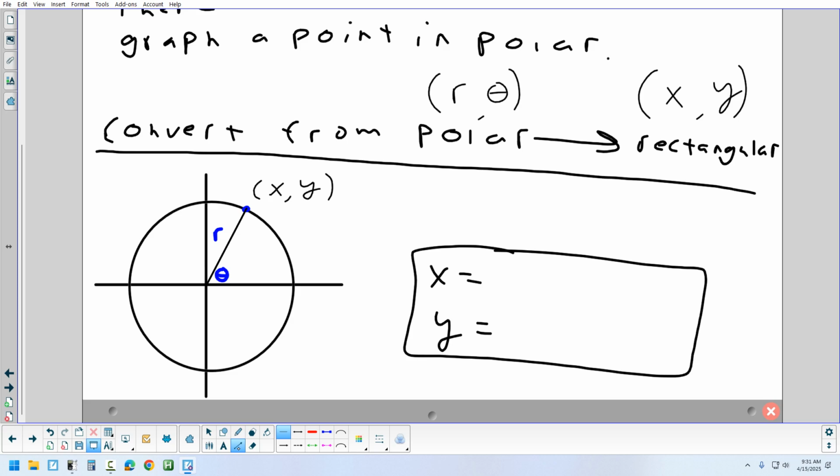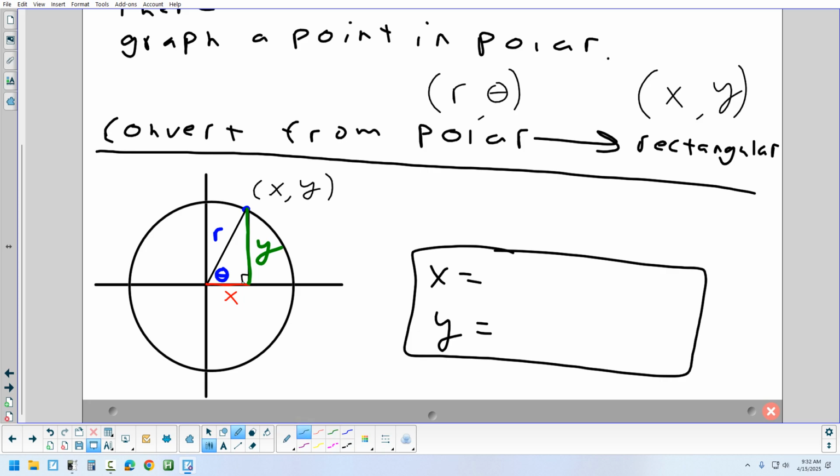The vertical position, either up or down. So in order to describe where that point is on a rectangular coordinate system, I need to know how far up it is from the axis, and I need to know how far over. How far over we go, that's going to be the x part, and how far up we go is going to be the y part.